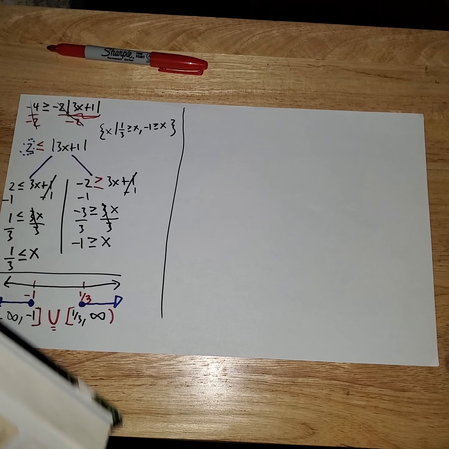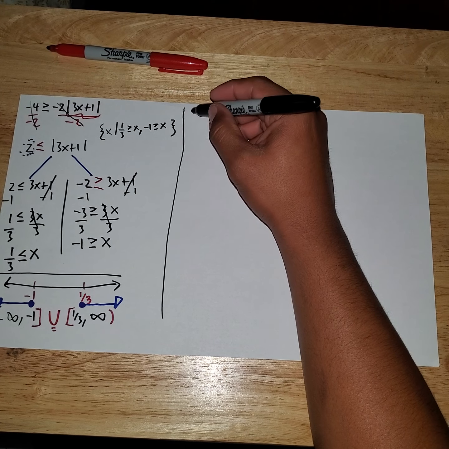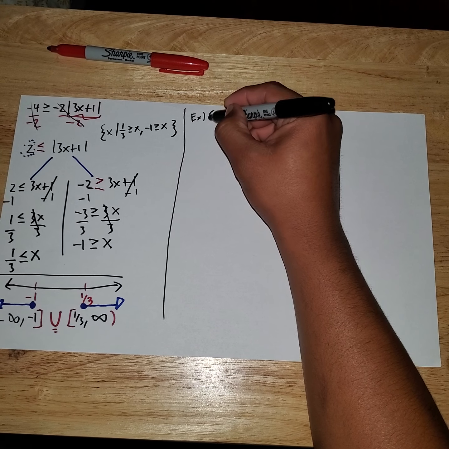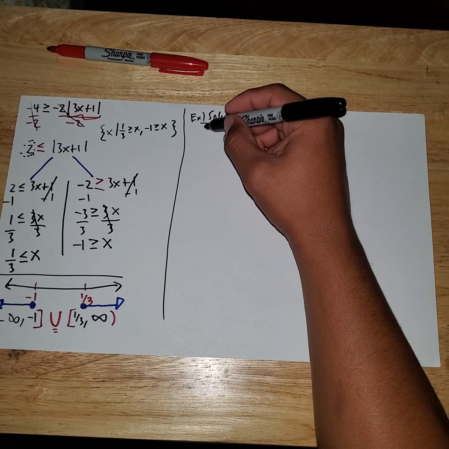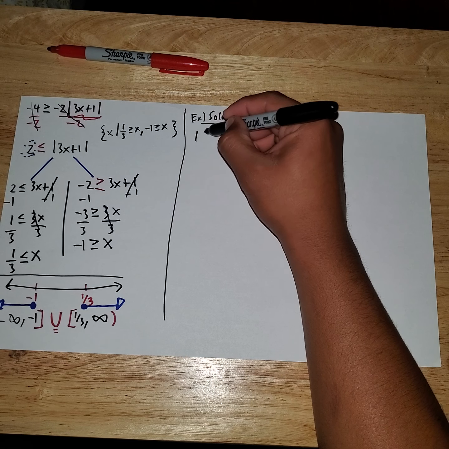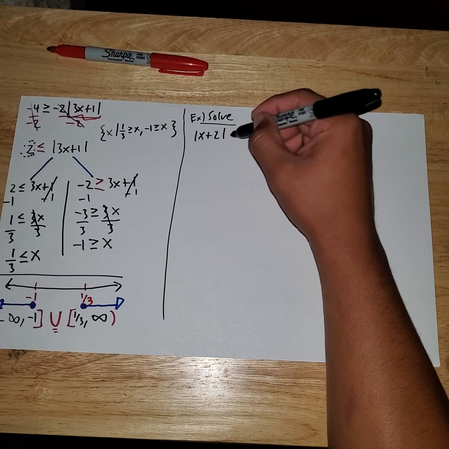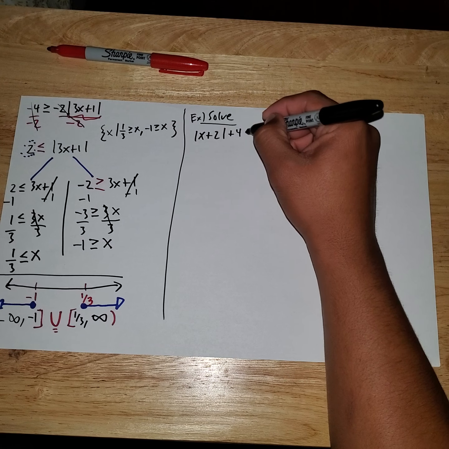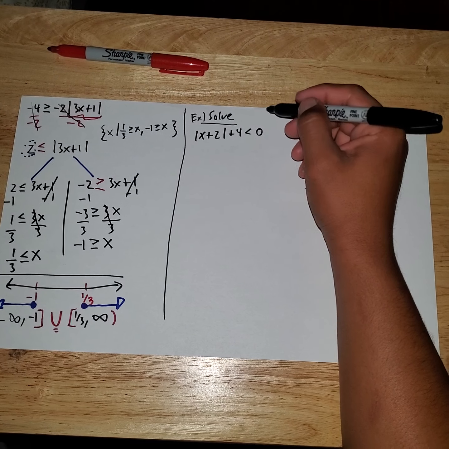So let's look at, we have, still solving. Let's say we have x plus 2 plus 4 less than 0.